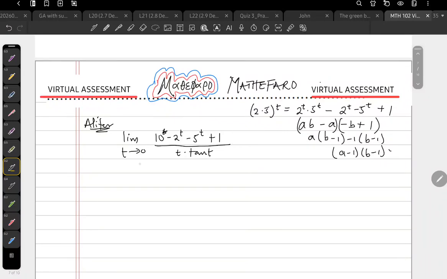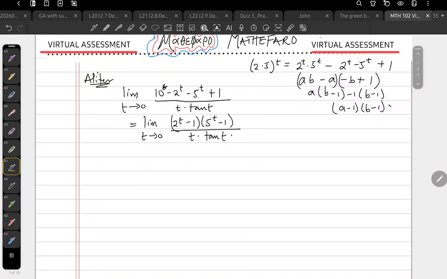So the same thing can happen here. So this is limit as t goes to 0 of (2 to the power of t minus 1) and (5 to the power of t minus 1) over t tan t. How does that help us? So we know that we can actually split these things up.